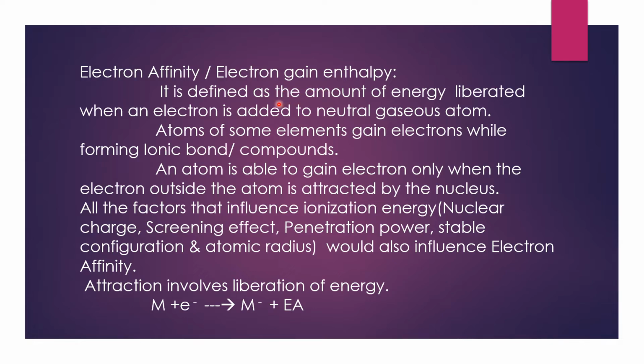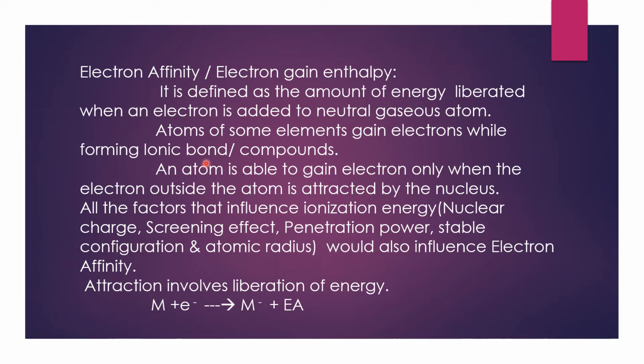Now let's see which elements can release this energy. Atoms of some elements gain electrons while forming ionic bonds or ionic compounds. So here electron gain enthalpy is possible when atoms of some elements gain electrons during the formation of an ionic bond.